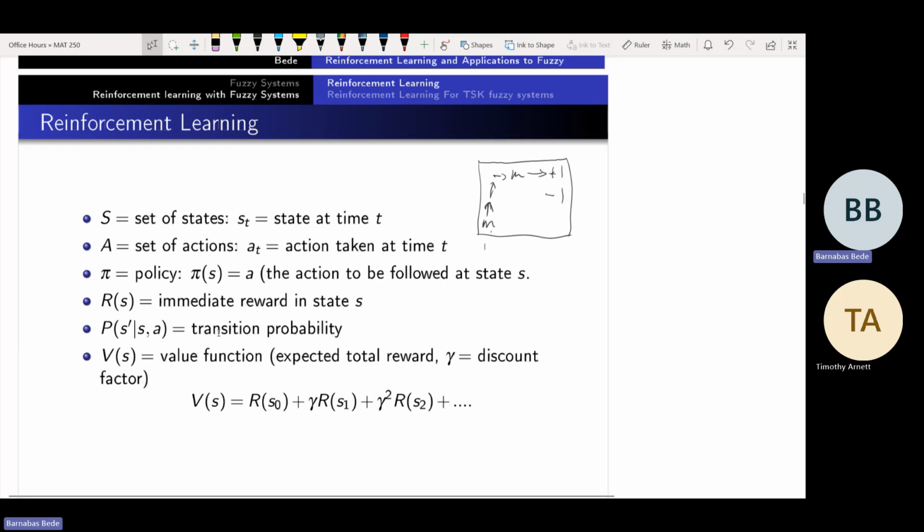So they could go with a transition probability to different states, even though the policy doesn't tell you to go that way.